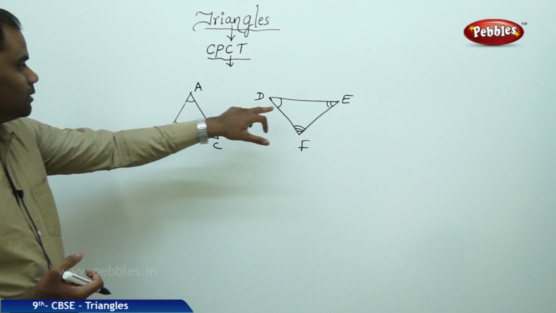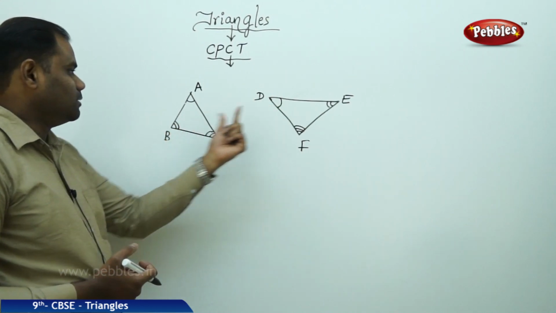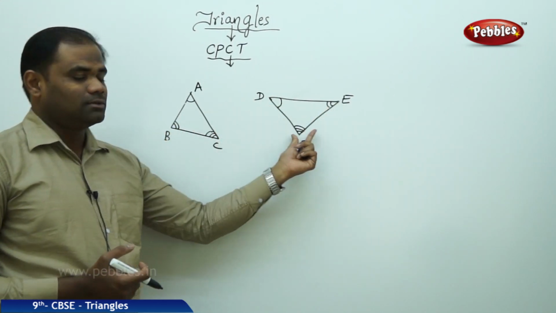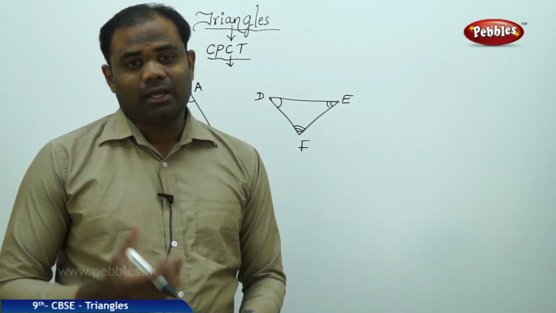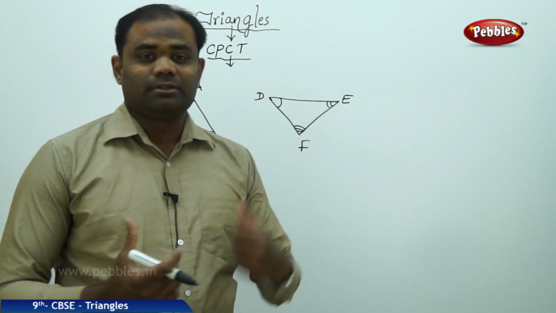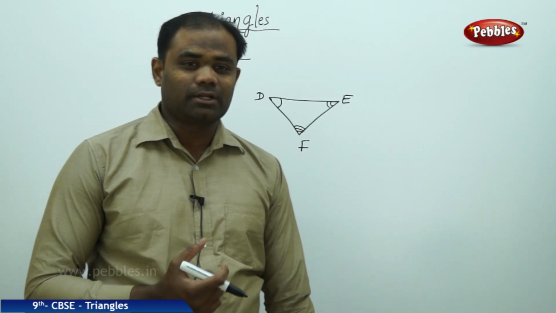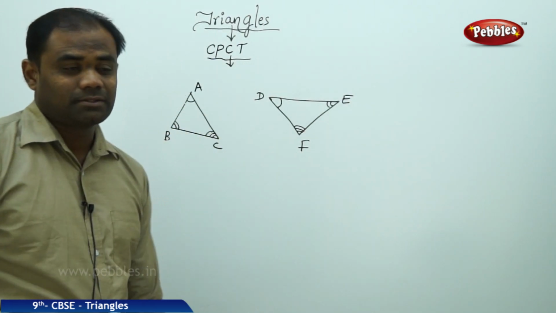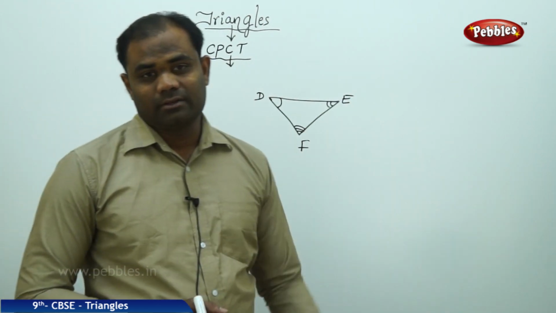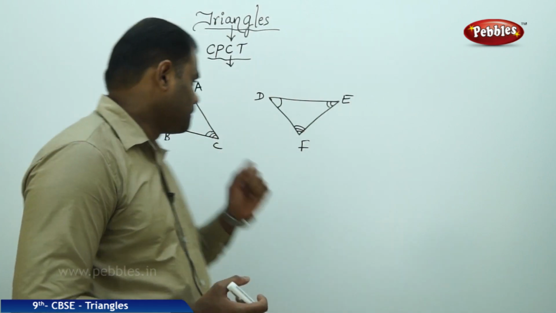Angle A equals angle D, angle B equals angle E, angle C equals angle F are said to be correspondingly related angles, as given in the problem. Now let's see how the corresponding sides are connected with the two triangles, triangle ABC and triangle DEF.